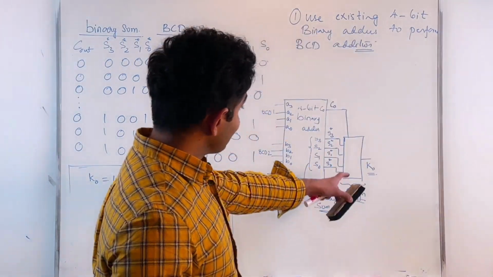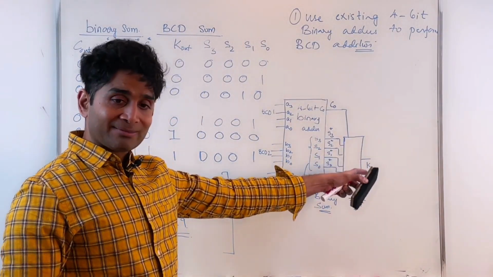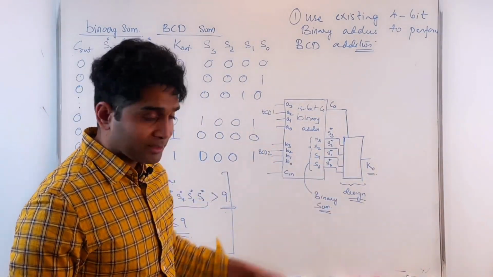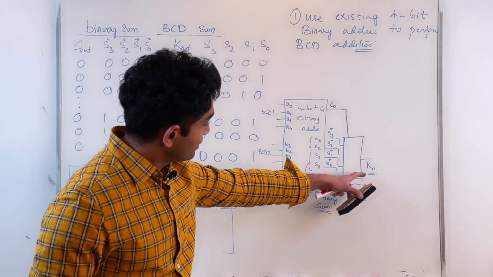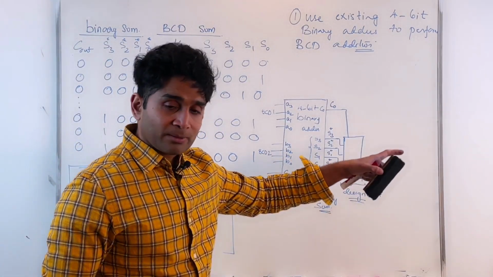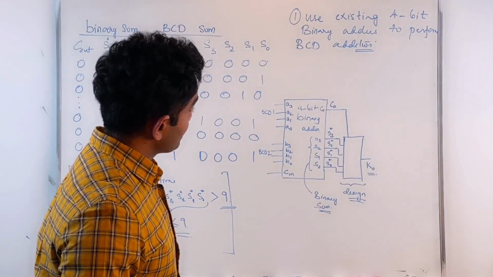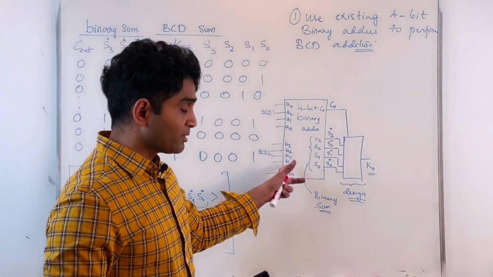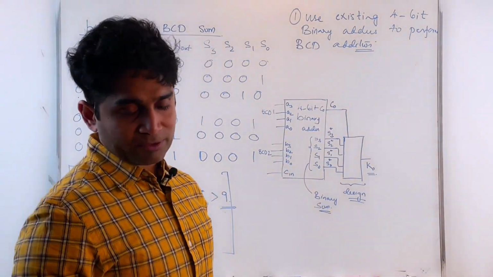Because once I get this, I know exactly when to add 6 to this sum, so I can tell my circuit when to add 6 to my binary sum.